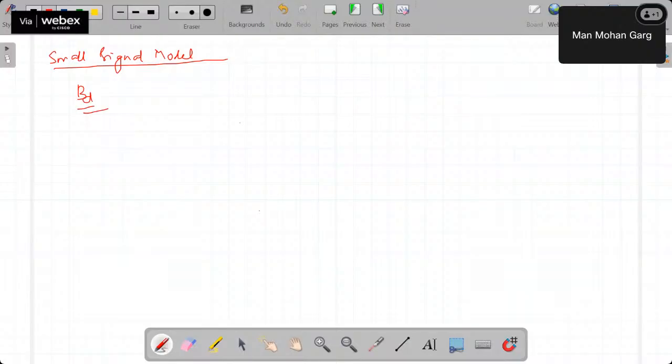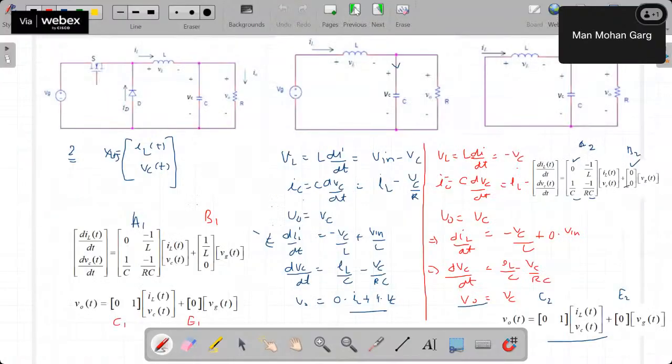We obtain the BD equation. We know that BD is equal to (A1 minus A2) X plus (B1 minus B2) U, right? But A1 and A2 are both the same. In the previous slide, we have seen that A1 and A2 are both the same.